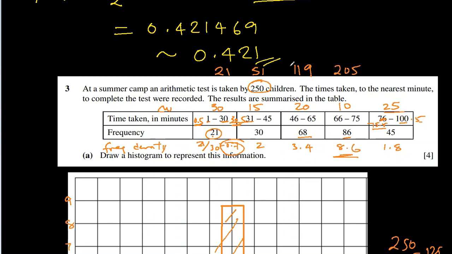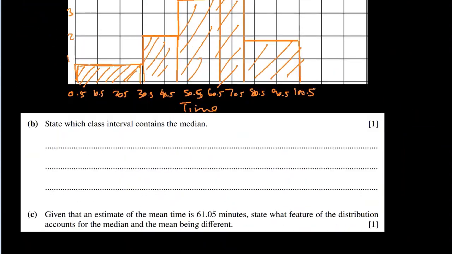So we wanted 125. It is more than 119. That means this is where the 125th data will be, which is 66 to 75 here, but we will not write 66 to 75. We will write 65.5 to 75.5. That was our new interval, and that's what we will write here. It's just for 1 mark.